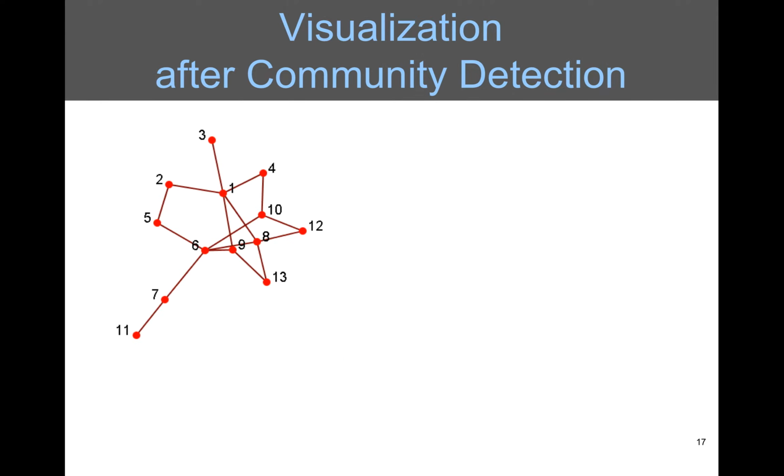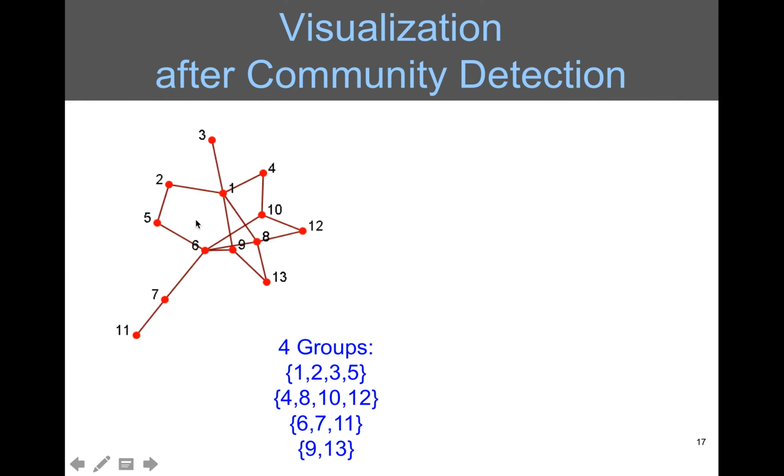Once you find communities, one typical thing that people do is start using the communities to group the nodes and visualize them. Given a network like this, you have nodes numbered 1 to 13, and this is one particular network of how they're all connected. You probably ran some community detection algorithm, which we will talk about.